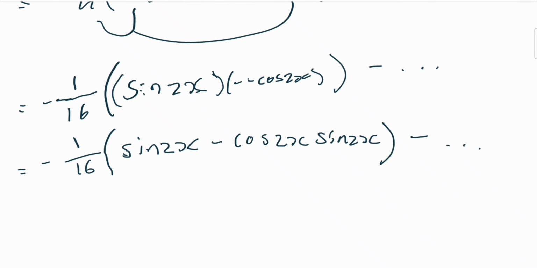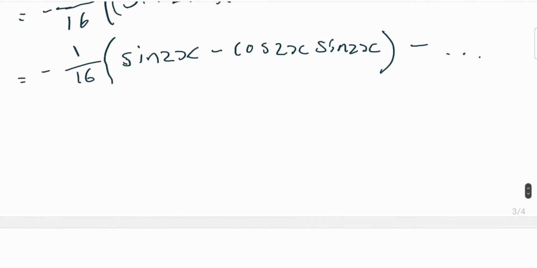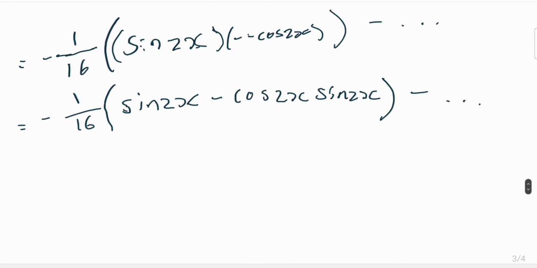Okay, so right now you might be able to see that we have a cosine 2x and a sine 2x, which is sort of like cosine x sine of x, and cosine x sine of x is equal to 1 over 2 sine of 2x.